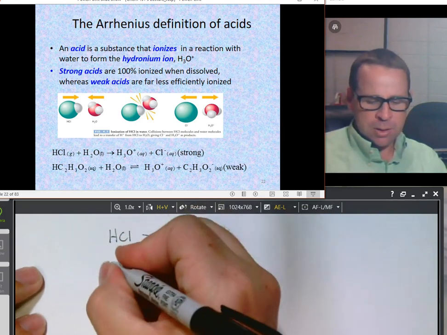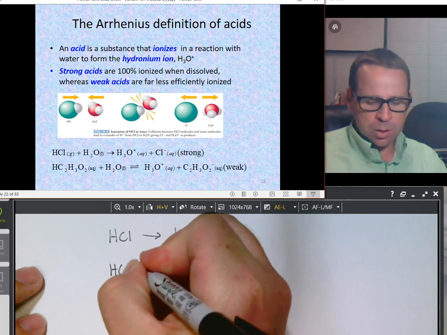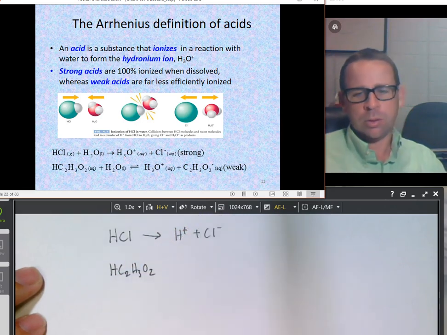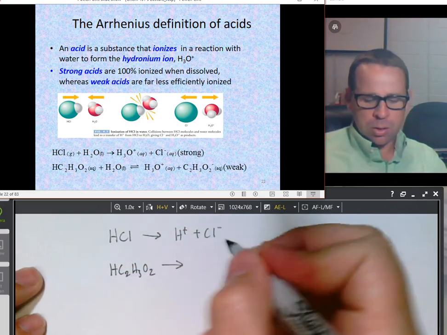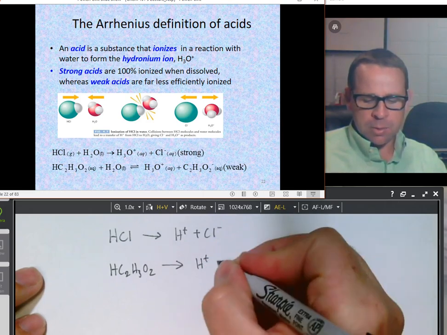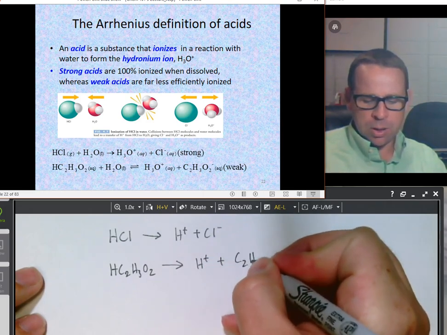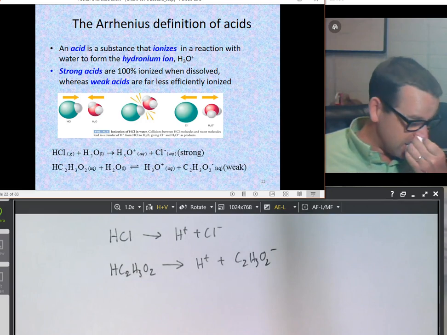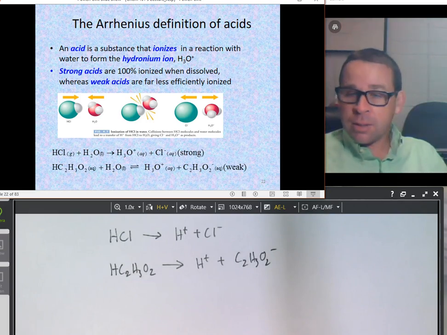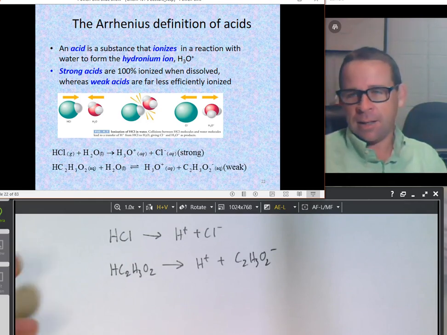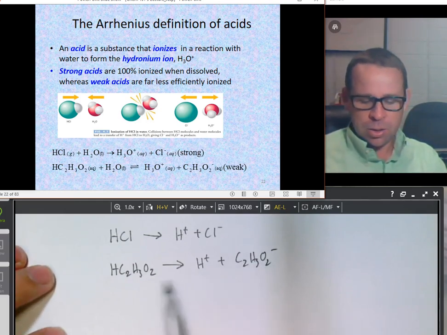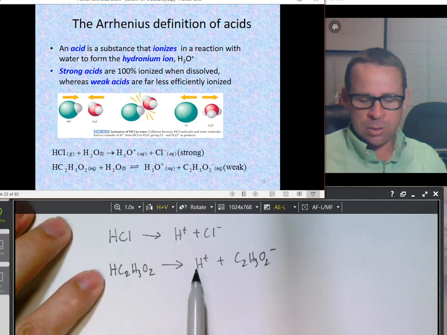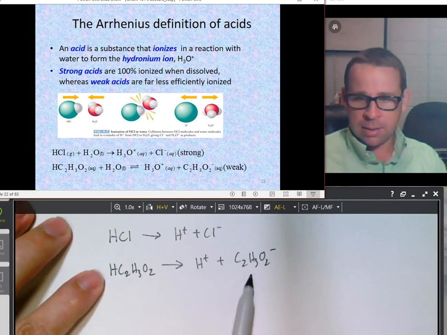Another example is this compound, HC2H3O2. You put it into water, and an H plus ion results, and the C2H3O2 minus ion. Look for the name of that ion on your paper. I'll give you a second to find it. Did you find out what it was? It's the acetate ion, right? Acetate ion. So this goes into solution, and you get the hydrogen ion and the acetate ion.